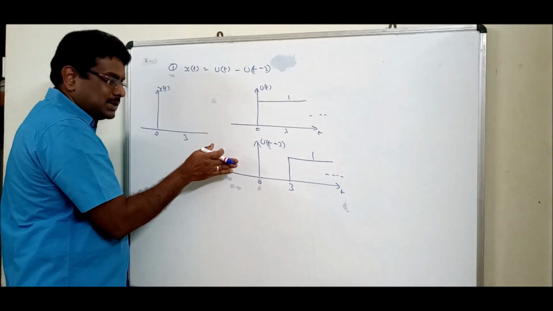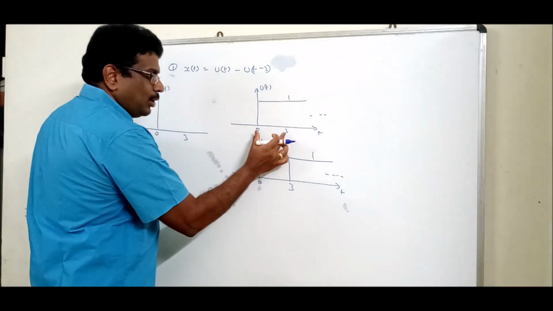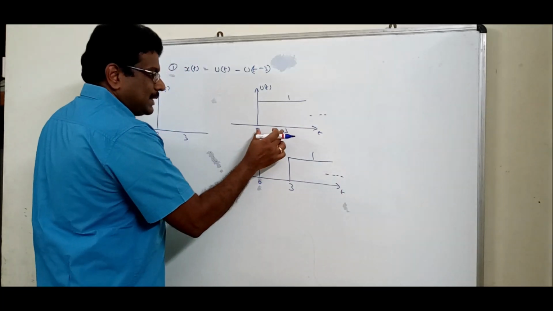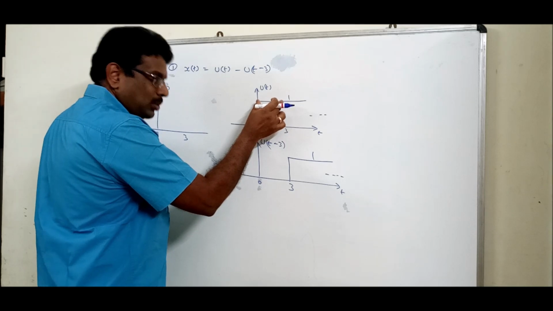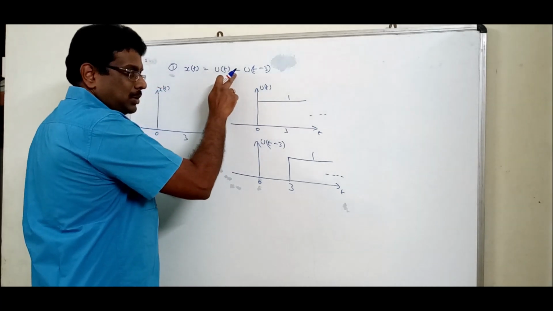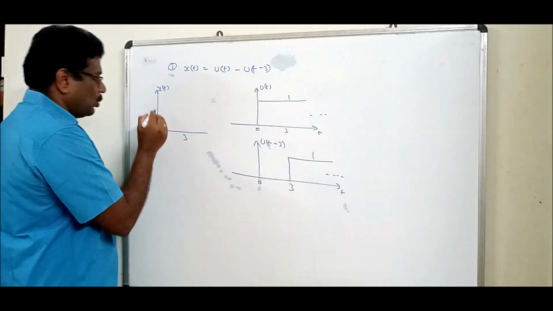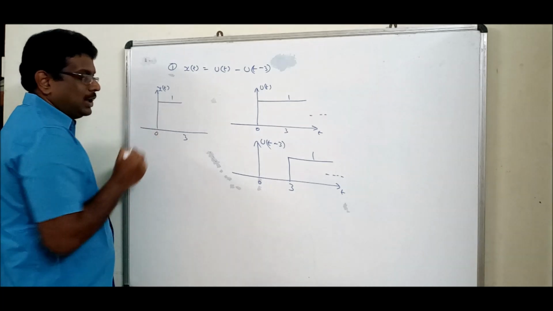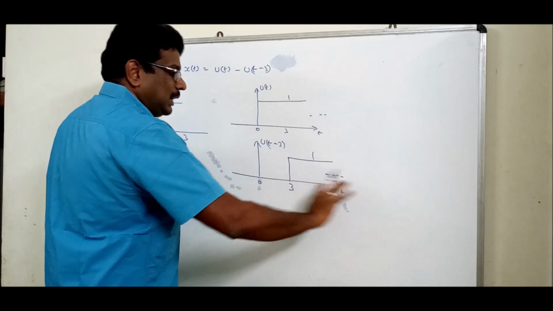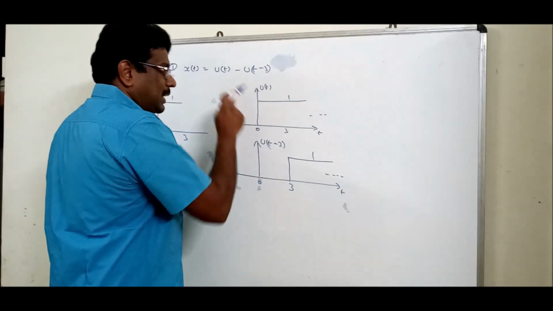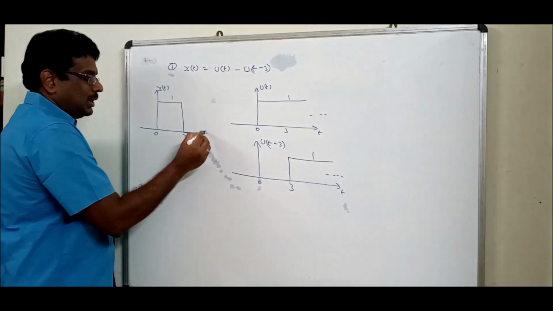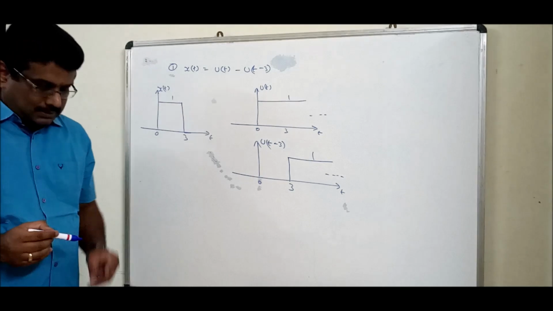From 0 to 3, it is 1 minus 0, the answer is 1. After 3, it is 1 minus 1, the answer is 0. This is the signal x of t.